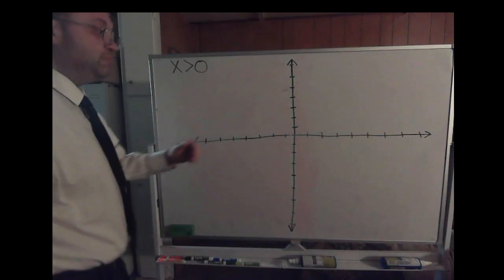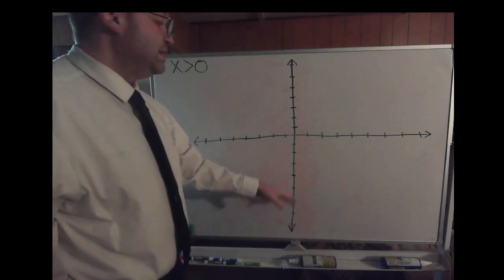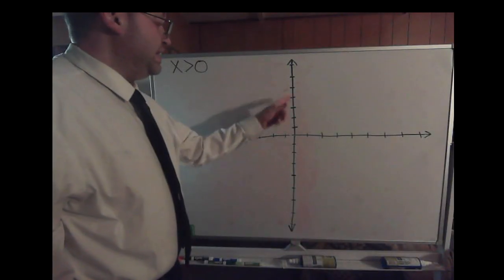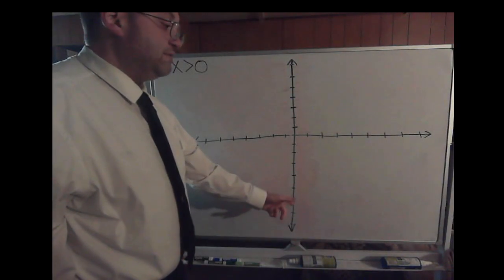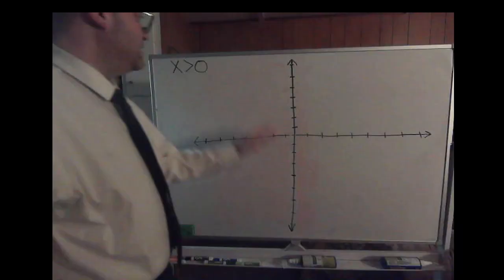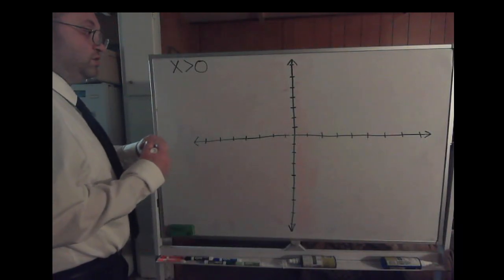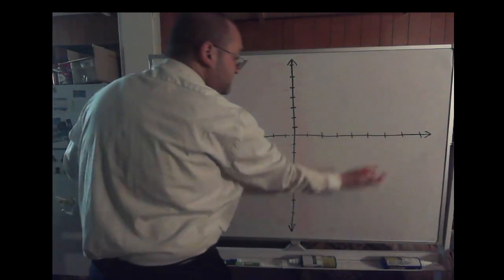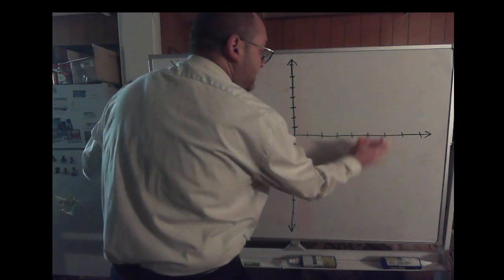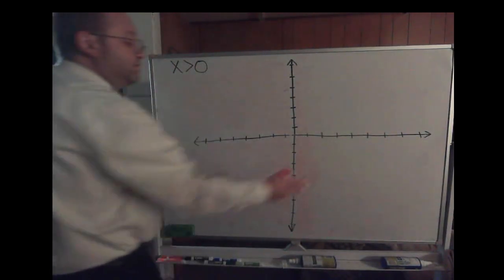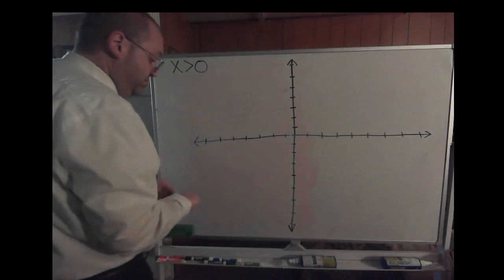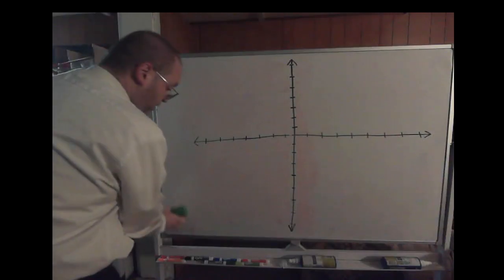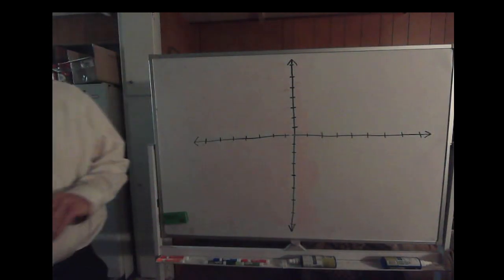I'm not going to draw it because that coincides with the y-axis. X equals 0 gives you a vertical line, but it would be a dotted line since it's just x is greater than 0. Then you would shade the entire region to the right of 0, because it would be every value greater than 0 for x, but not including 0 since it's just greater than. So that's what you would get there.